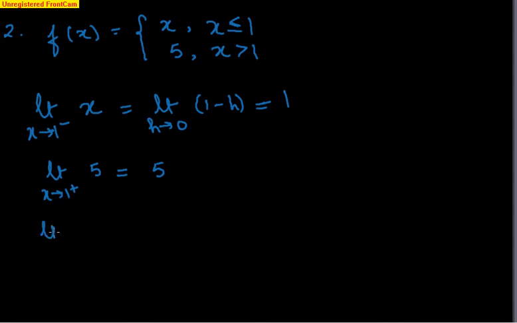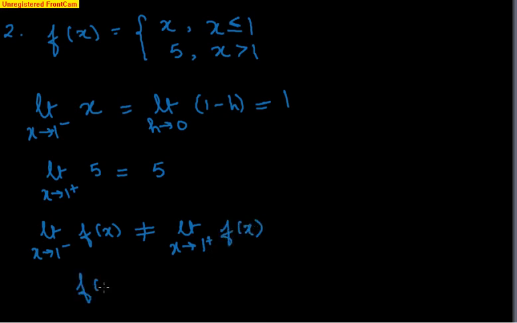Now because the limit x tending to 1 minus of the function is not equal to limit x tending to 1 plus of the function, the function is not continuous at x equal to 1.